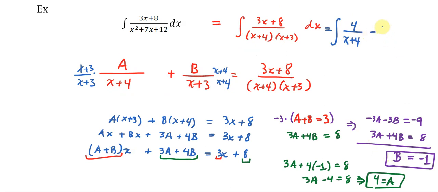So we can say minus 1 over x plus 3 dx. Taking the antiderivative, we get 4 natural log of x plus 4 minus natural log of x plus 3 plus a constant.